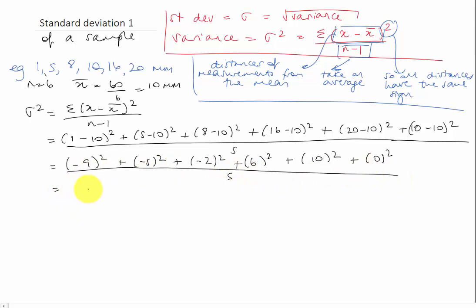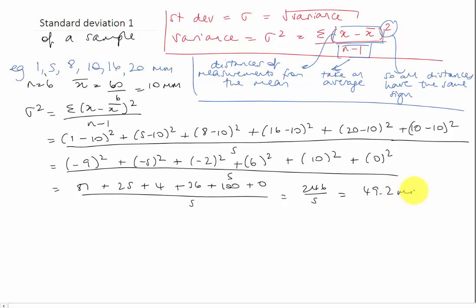And so that's 81 plus 25 plus 4 plus 36 plus 100 plus 0, all divided by 5, which comes to 246 over 5, which is 49.2 millimeters squared. So that's our variance, sigma squared.